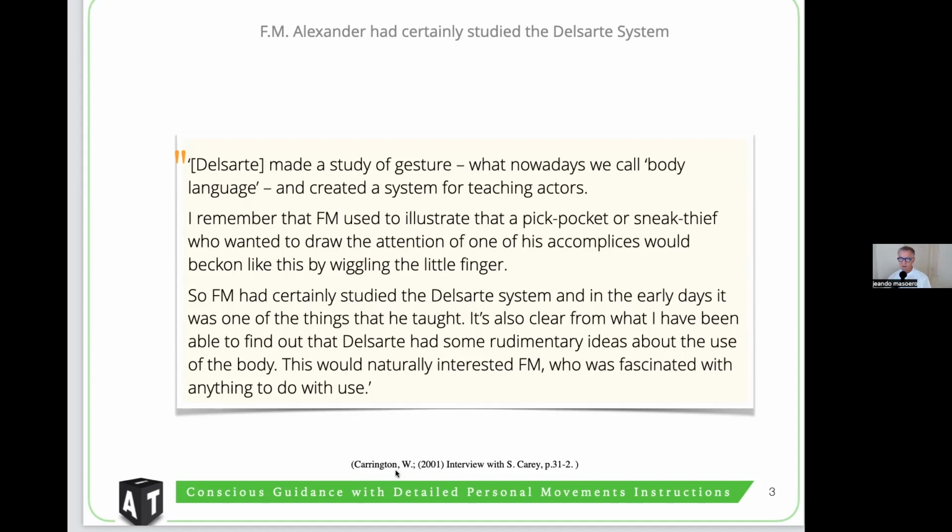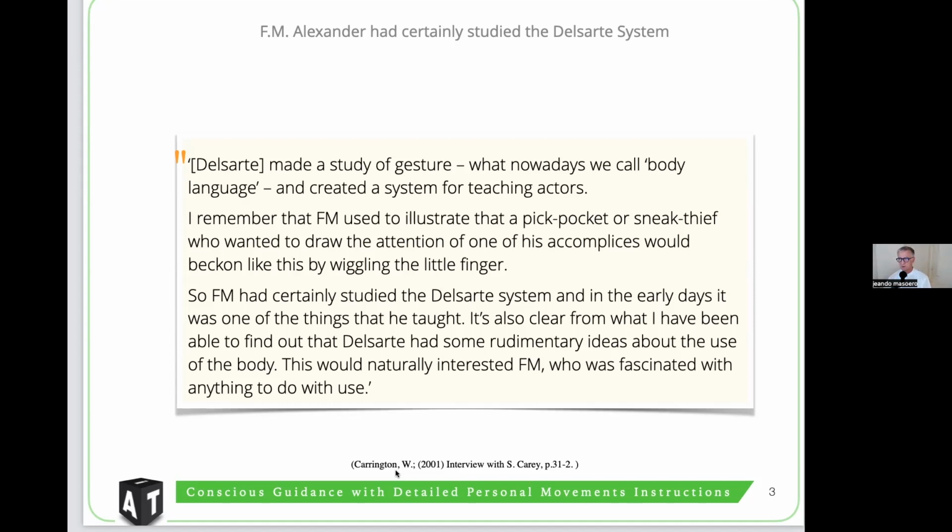He had an interview that was published in a book in 2001 where he acknowledges that Alexander certainly had contact with the Delsarte mania, the Delsarte craze. So that's what Walter Carrington is saying: Delsarte made a study of gesture, what nowadays we would call body language, and he created a system for teaching actors.